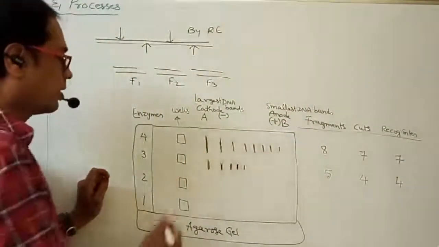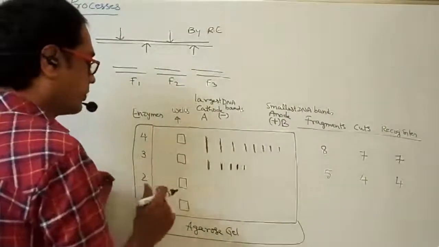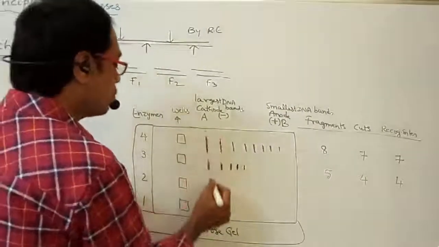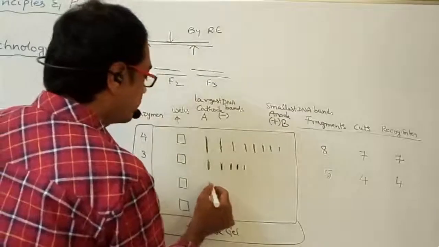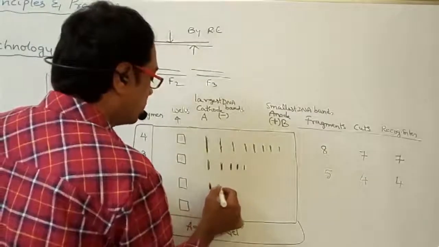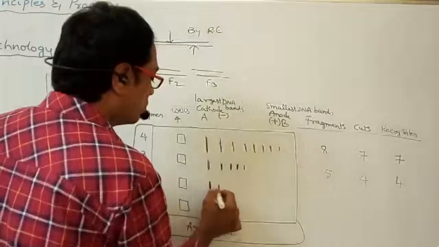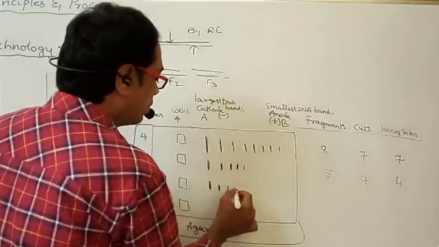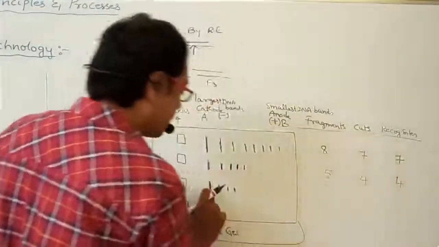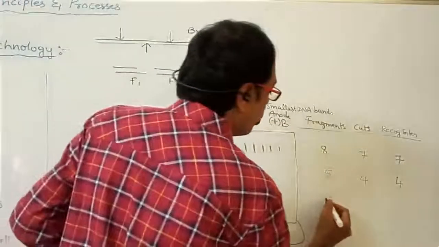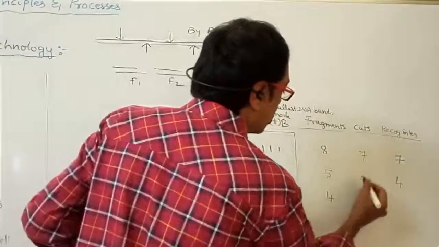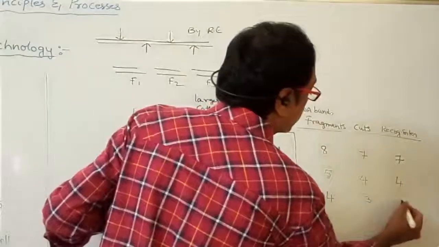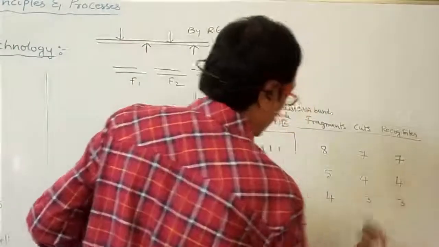Next, enzyme 3. Then enzyme 2: 1, 2, 3, 4. How many fragments? 4 fragments. Cuts are 3. Recognition sites are 3.